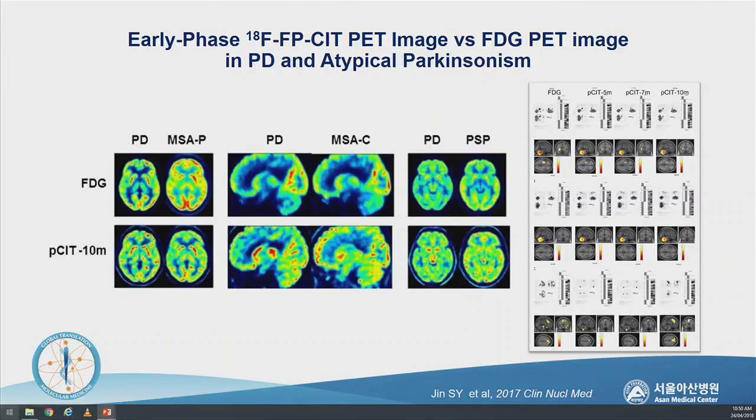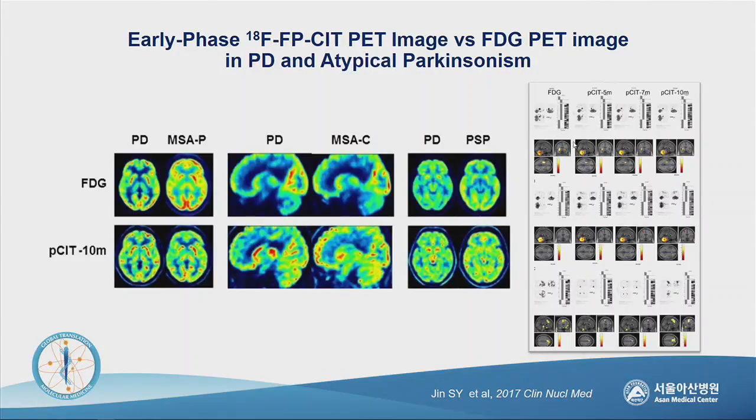In voxel-wise analysis of early perfusion phase FPCIT images, statistically significant regional abnormality of the early phase FPCIT image is similar to FDG in MSA-P, MSA-C, and PSP.